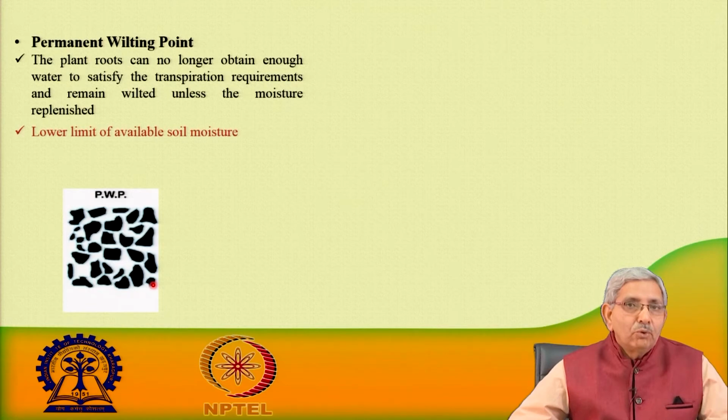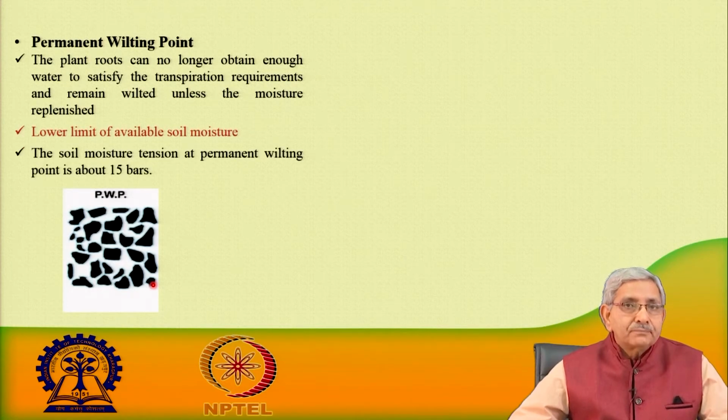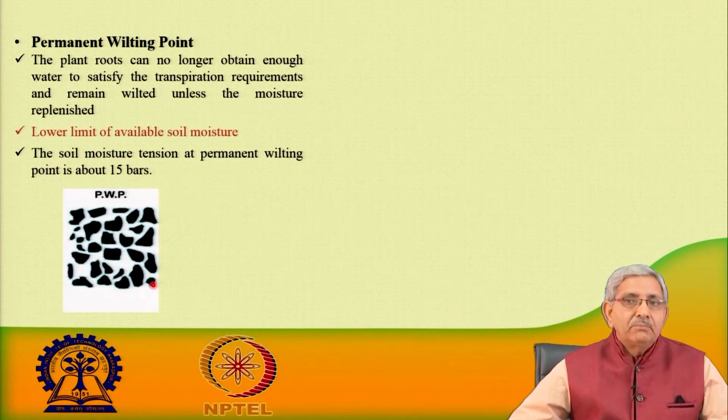It is the lower limit of available water, and the soil moisture tension at permanent wilting point is about 15 bar. Of course, this is the uppermost limit, and it varies with the range; it can be lower than 15 bar, it could be 7 bar in some soils.